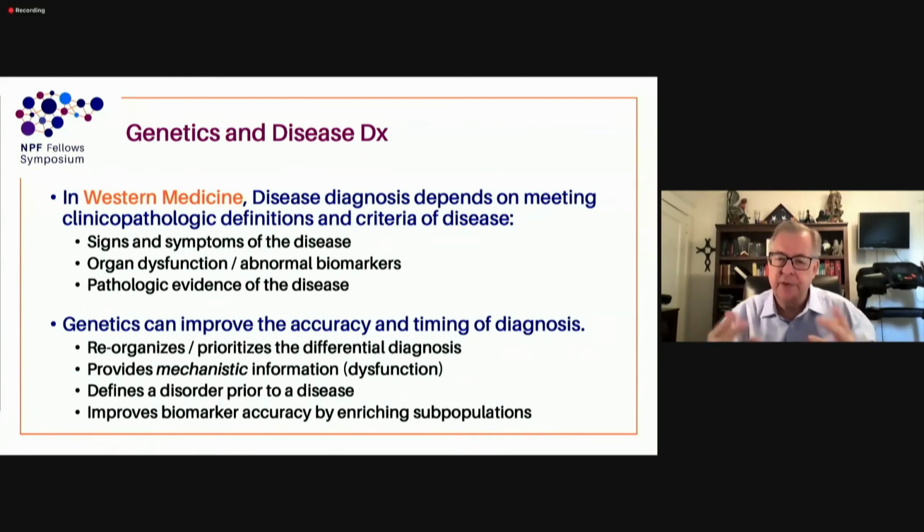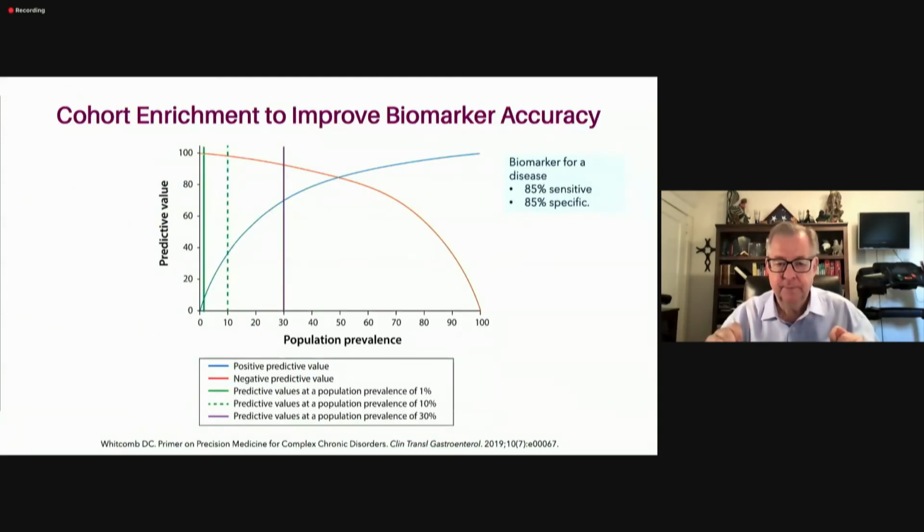Next. So this is how it helps. What you can see in the next slide is a diagram showing the prevalence of a disorder in a population and the predictive value of a biomarker. And this biomarker has a sensitivity of 85% and a specificity of 85%.